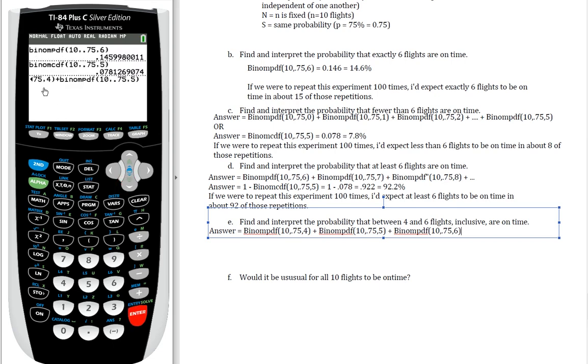So I then have Binomcdf of up to 4, then up to 5. Then also add up to 6. So I have all 3 of those. Put all 3 of those together, we get 0.221, or 22.1%.